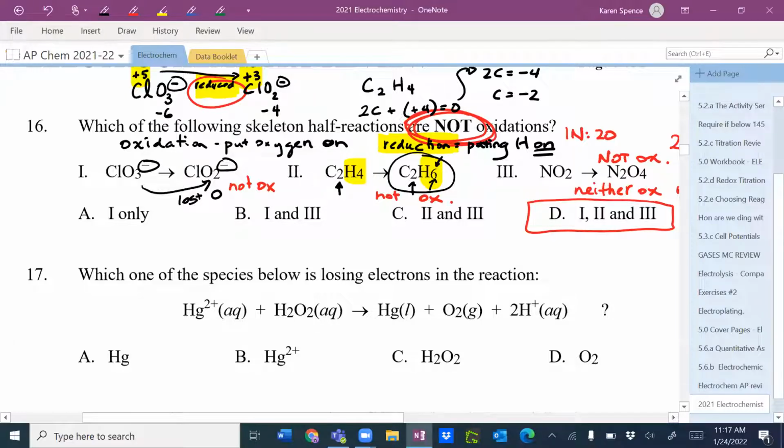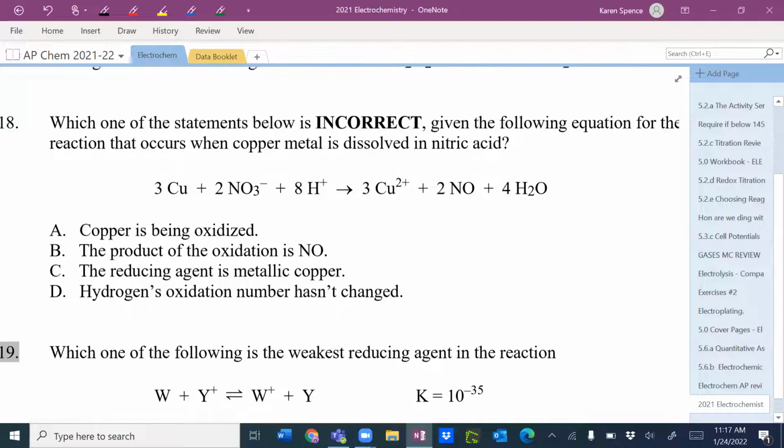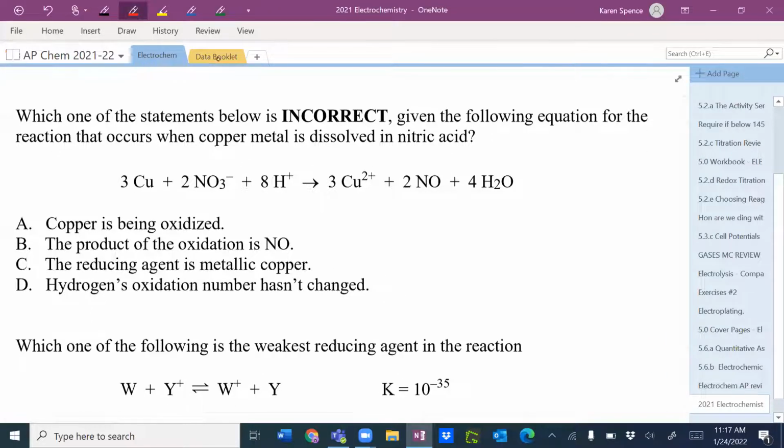We're going to go to 18. Which of the following statements is incorrect? Given the following equation for the reaction that occurs when copper is dissolved in nitric acid. So is copper being oxidized? The oxidation number went up.